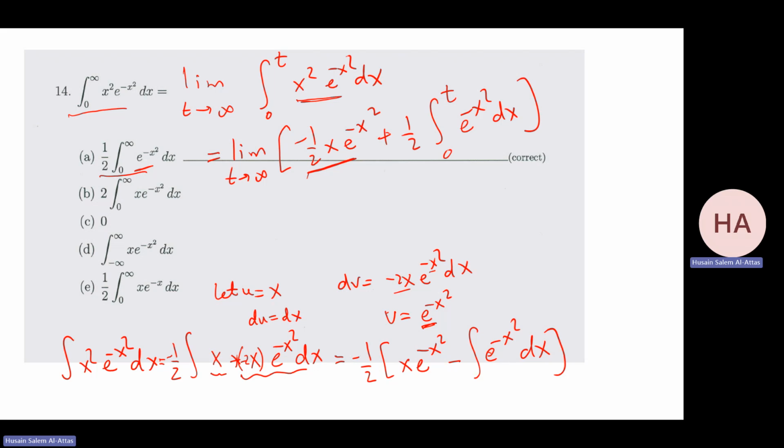It will be infinity times 0, so I need to do it by L'Hopital's rule. I have limit t goes to infinity, t e to the minus t square.